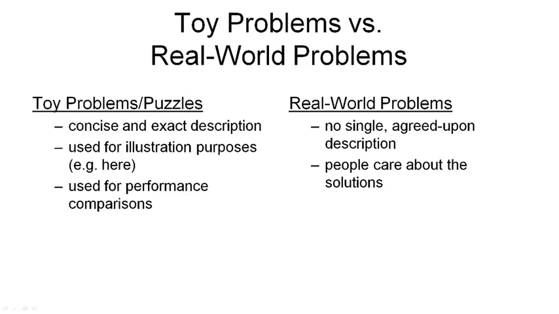That means if we were to use real-world problems in this course, I would spend a lot of time describing what the actual problem is and describing the details that need to be addressed in each problem. However, toy problems are good as mental exercises, but real-world problems, people care about the solutions of those. The missionaries and cannibals problem we have seen earlier clearly falls into the category of toy problems.